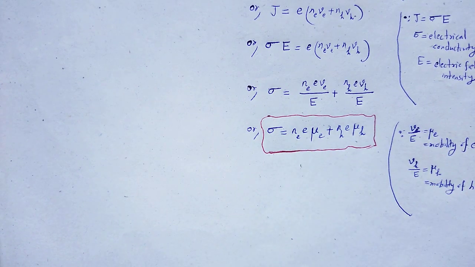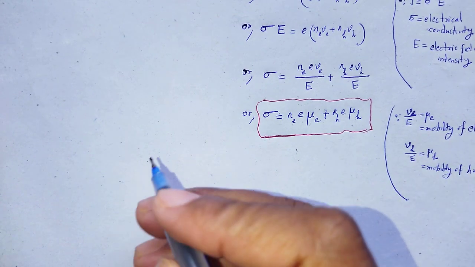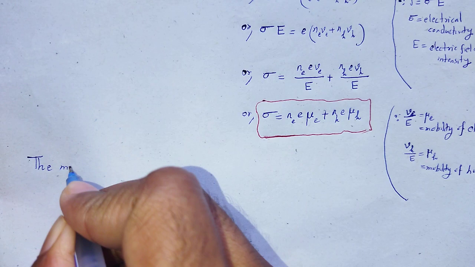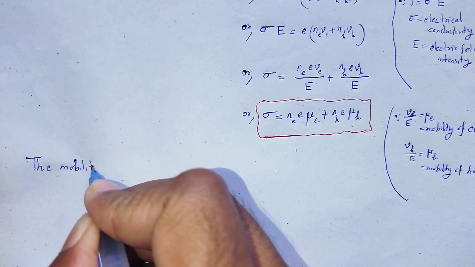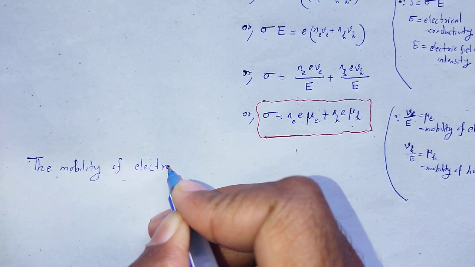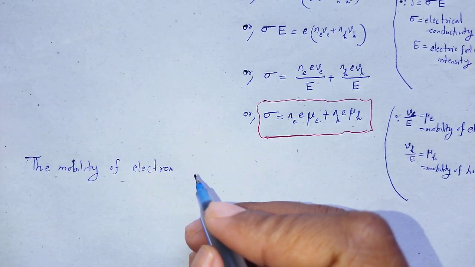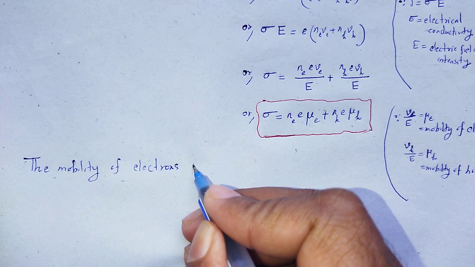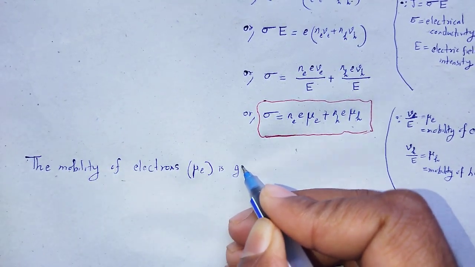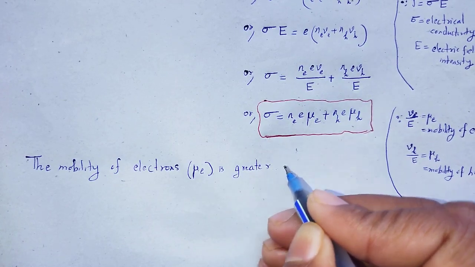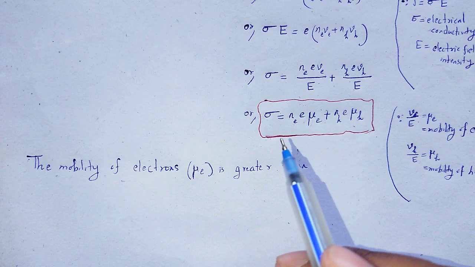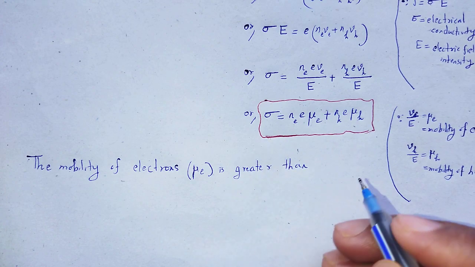But in experiment we know the mobility of electron, mu of E, is greater than the mobility of holes.